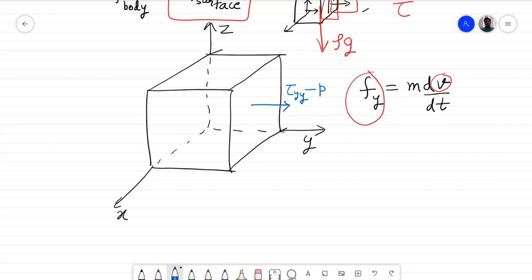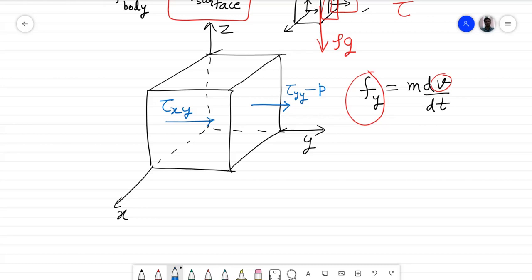And then on the front face, similarly, the force is on the x normal surface, so that will be tau x, and the direction is y, tau xy, and there is no tangential component in pressure, so there is no component there.